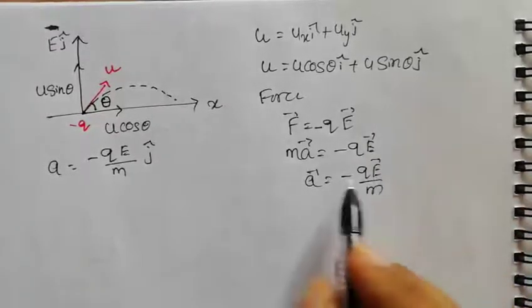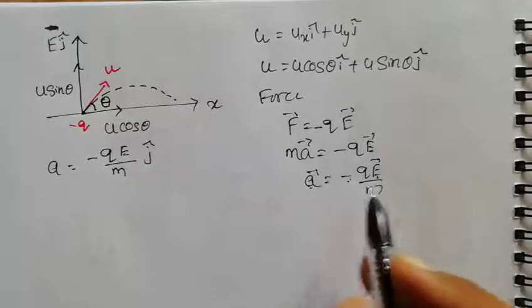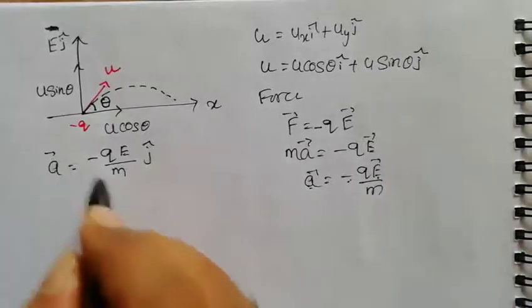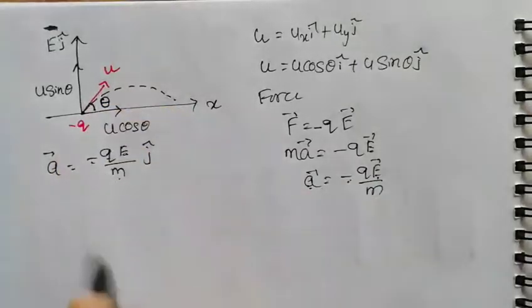So what direction is it? Look at the electric field and acceleration, they are in opposite directions. So I can write acceleration equal to minus qE by m into j cap, that is the negative y axis. Okay, that is the one case.